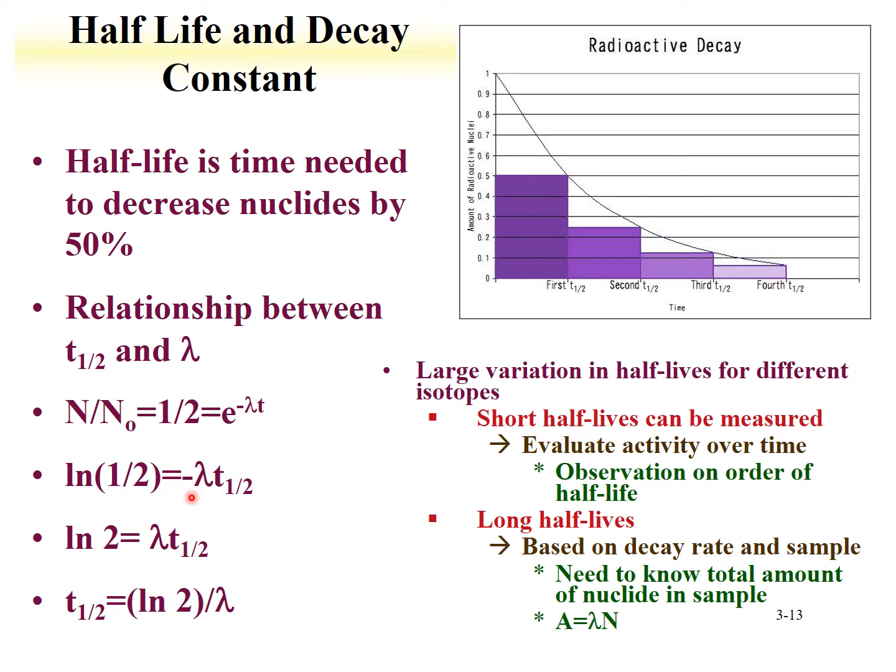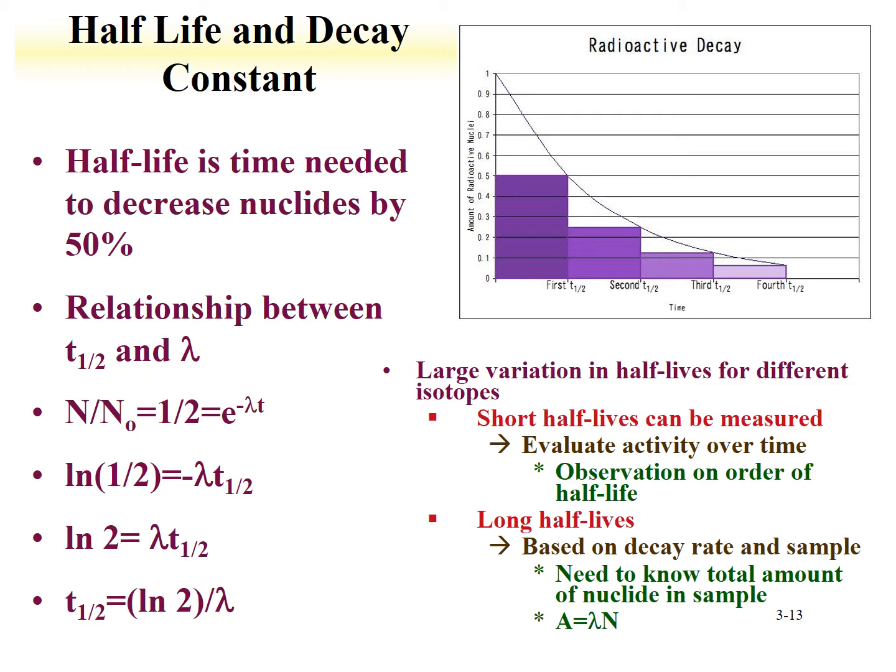So, in 1 half-life, this ratio should be 0.5. And then log 2 is equal to lambda times the half-life. And the half-life is equal to log 2 divided by lambda, or lambda is equal to log 2 divided by the half-life, as we already defined.